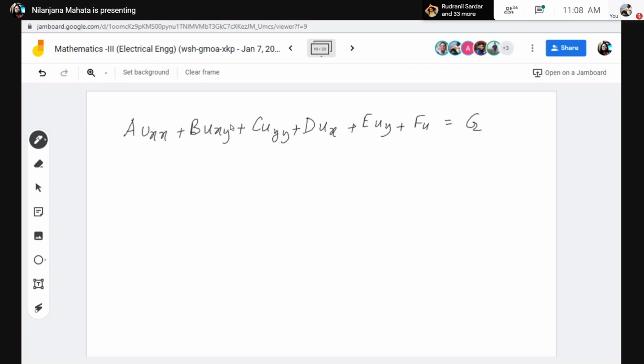Such that if they satisfy the condition, according as, suppose this is less than 0.